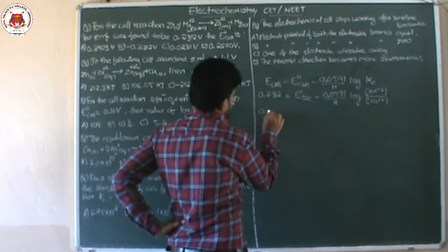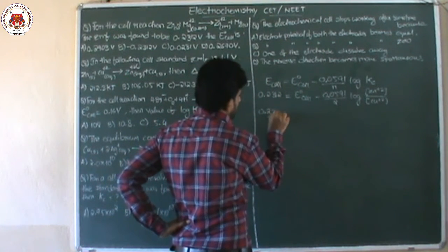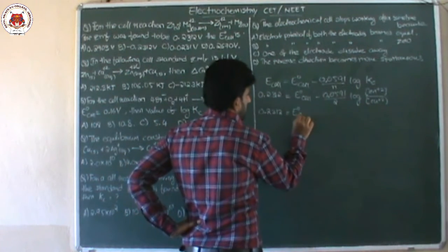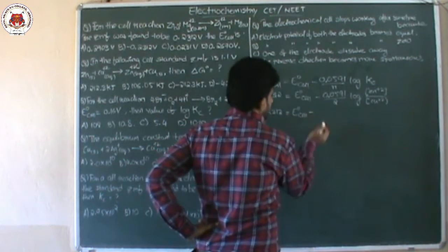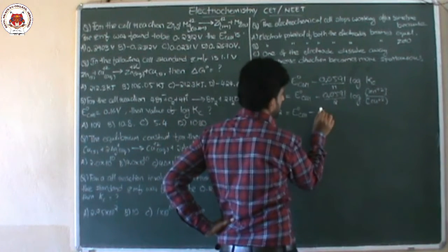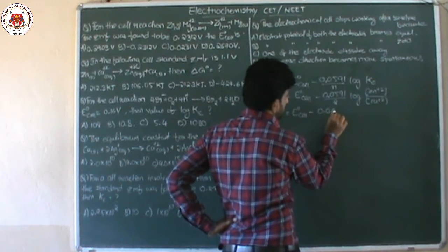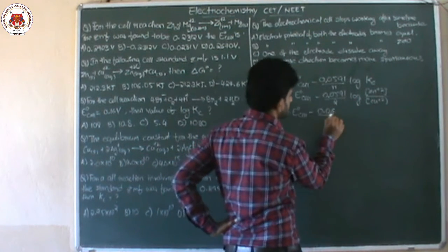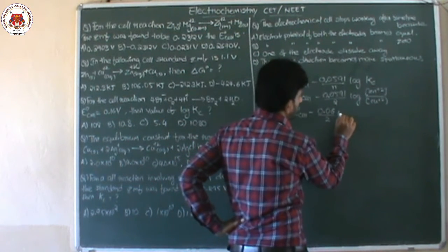So now I will write 0.2312 is equal to E naught cell minus, just for easy calculation we are taking this as 0.06 because after 5 9 is there, rounded off, 0.06 by 2 log.